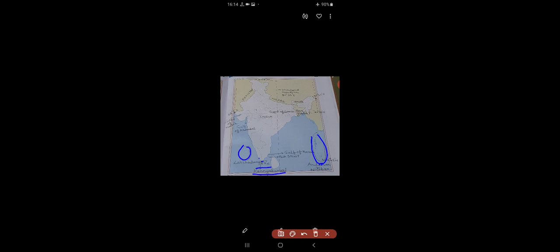You can see this narrow channel of sea over here, that is Palk Strait, and this circular structure over here, that is the Gulf of Mannar. Another 2 gulfs that are present in our country, one is over here, that is the Gulf of Khambat, and another one is over here, that is the Gulf of Kutch.